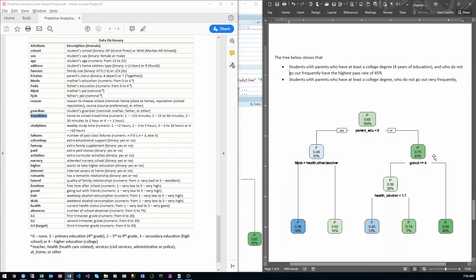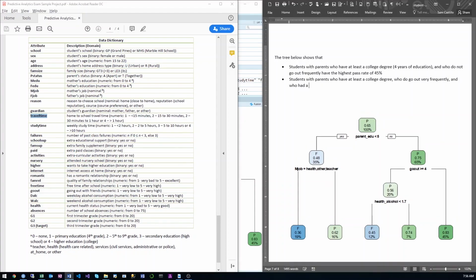So because this is saying, is go out greater than or equal to 4? No, because I went right. Students with parents who have at least a college degree, who do go out very frequently, so I went left, which is yes, and who had a health alcohol of less than 1.7.